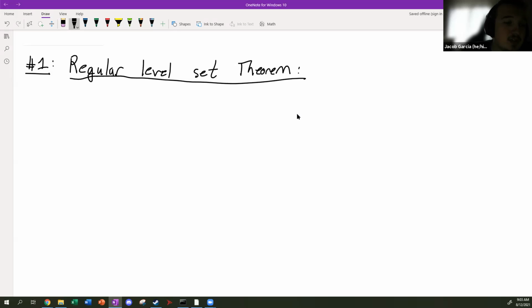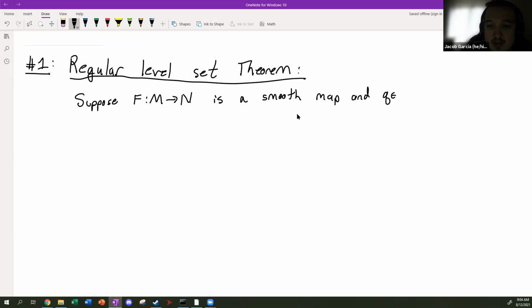Okay. So the regular level set theorem states, suppose f from M to N is a smooth map and q is an element of N is a regular value of f.